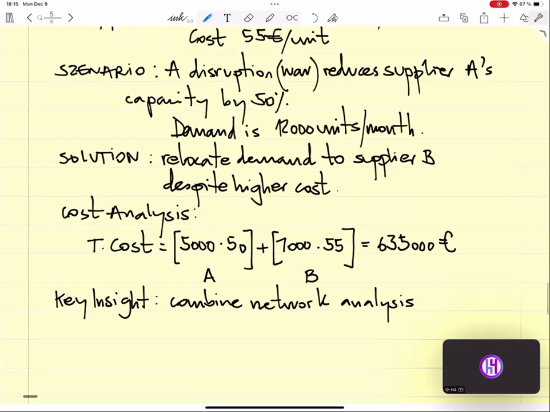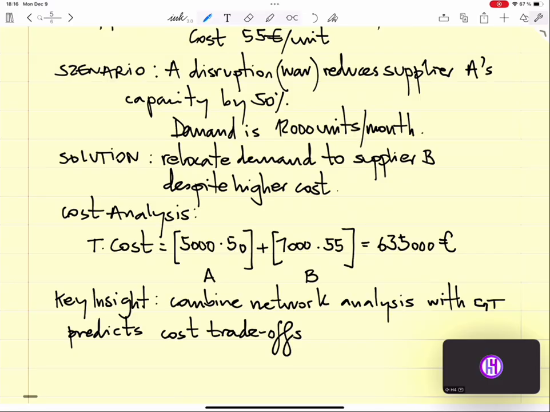So remember network analysis from last week with game theory. Predicts cost trade-offs under disruptions, okay?